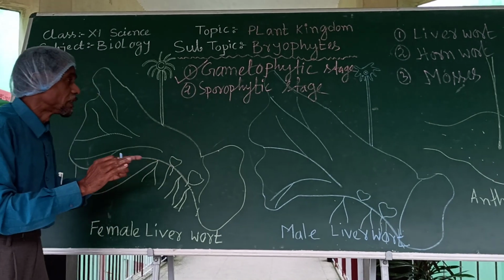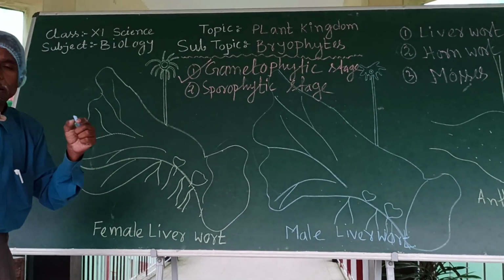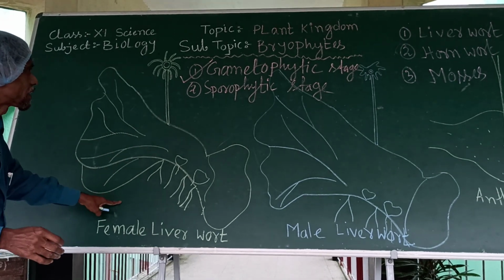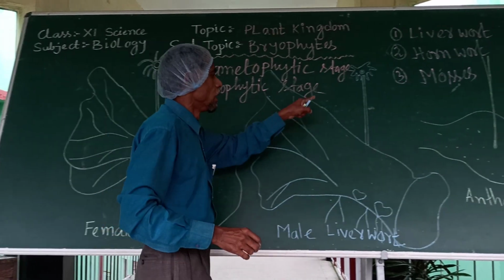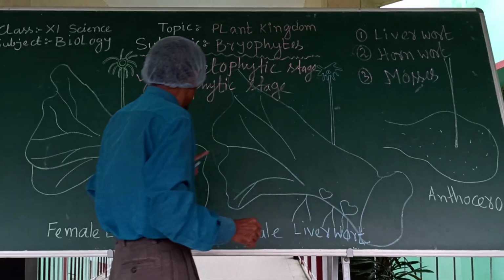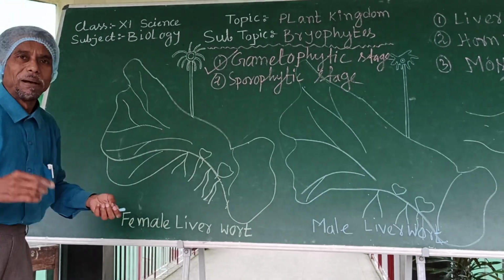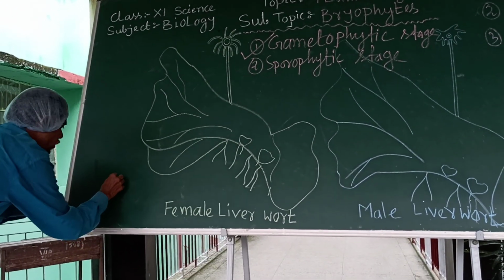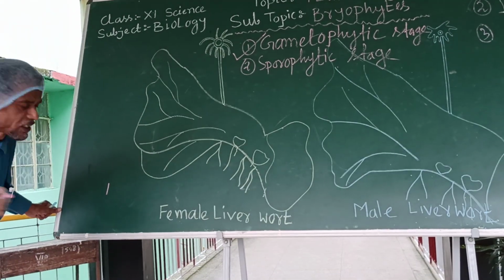Now, let us give you a separate example for each division, where we first discuss liverwort. The liverwort, best example, the figure I have drawn, this is Marchantia.